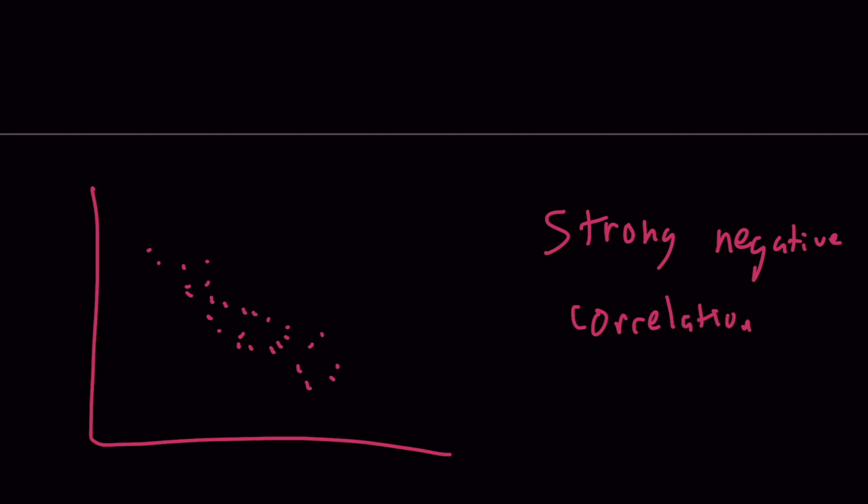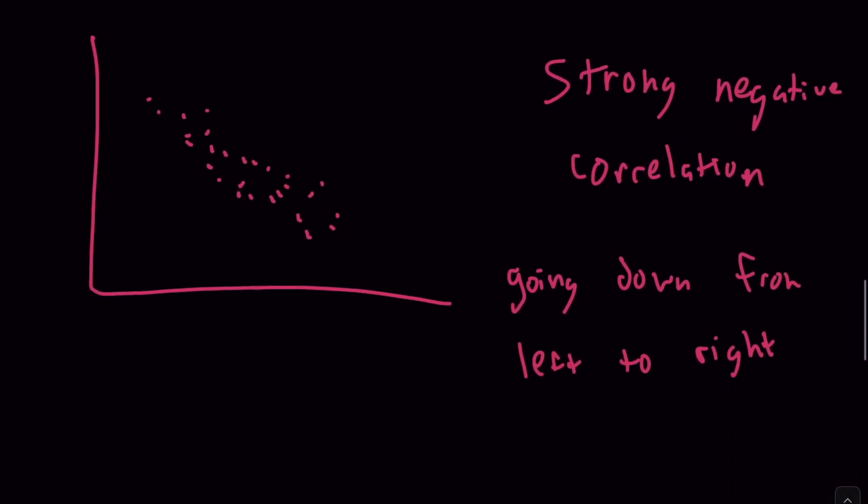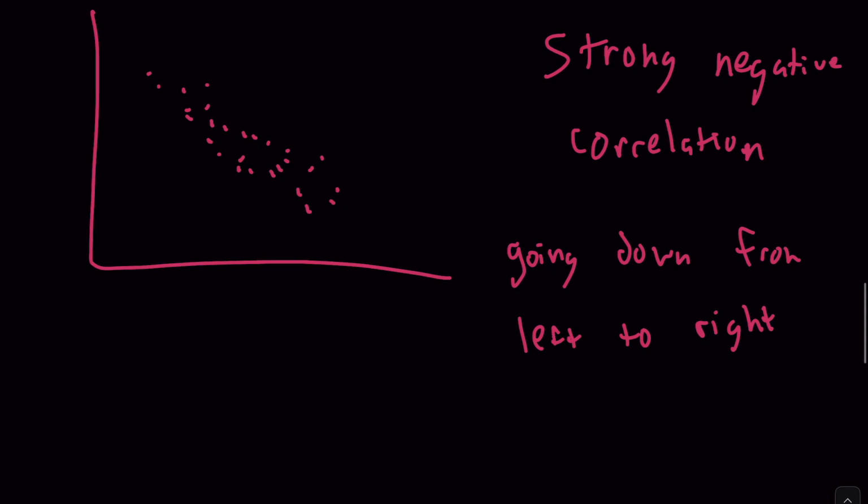And that just means it's going down from left to right. It's just like a slope. It's a negative slope. Doesn't mean it's a bad thing. Don't think of it as like good and bad, just going in a negative direction.